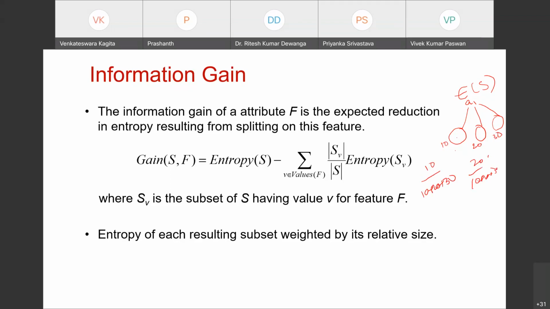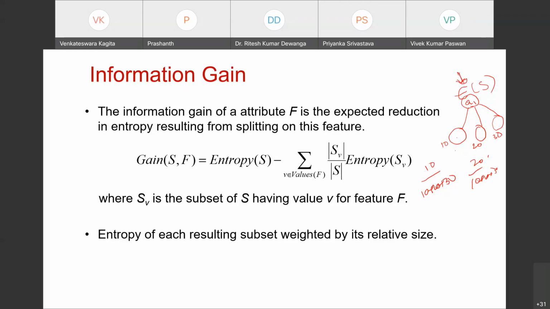So what is gain saying? If this split is reducing the impurity, then this is a good attribute. Whichever attribute is reducing the impurity at the parent node is the best attribute. Got the point? Before you select any attribute, compute the impurity.